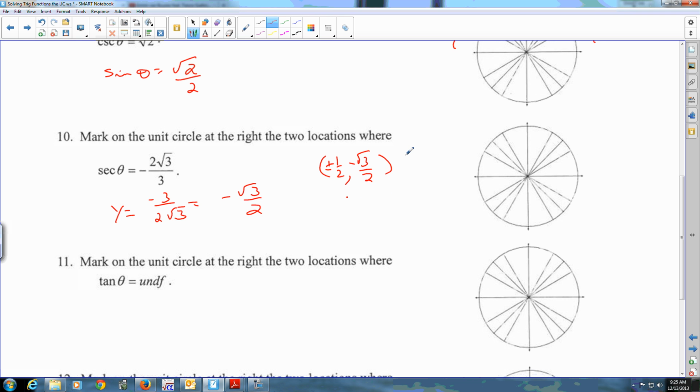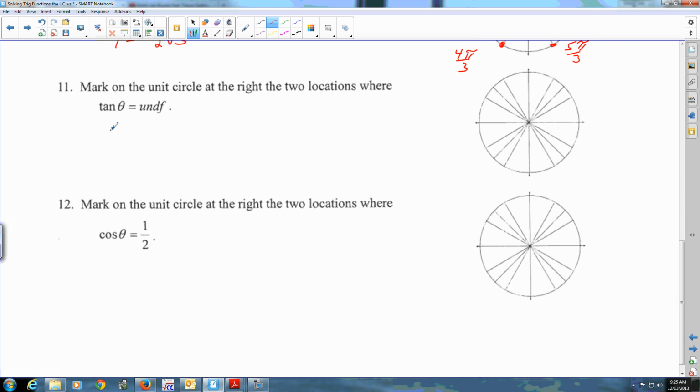You're going to be farther down than you are over. Your y values are negative down here, so it's these two. If you chose this one, you would be farther over than you're down, which isn't what's happening. So these two places, this is going to be 4 pi over 3, 5 pi over 3.